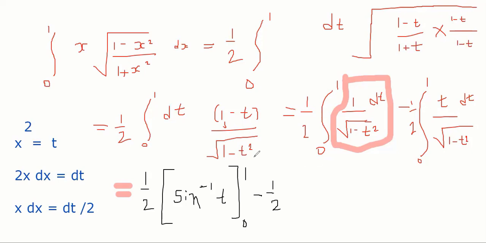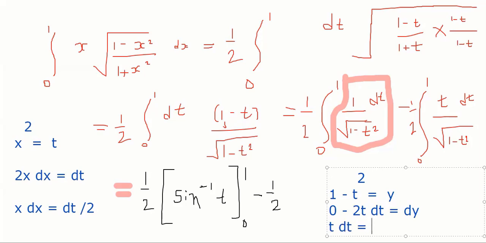हाँ ब्रह्म पापा यूवी रूल लगा सकते हैं पर जरूरत नहीं है. Why I'm saying is, can we assume 1 minus t square, say 1 minus t square equal to say y, and differentiate. तो 0 हो गया ये minus 2t dt equal to dy हो जाएगा, right? और t dt will be minus dy by 2. ठीक है रिश्ता?